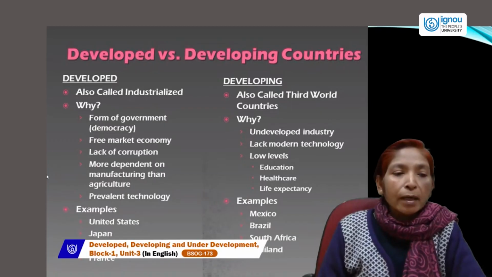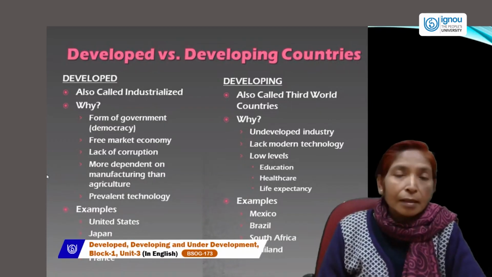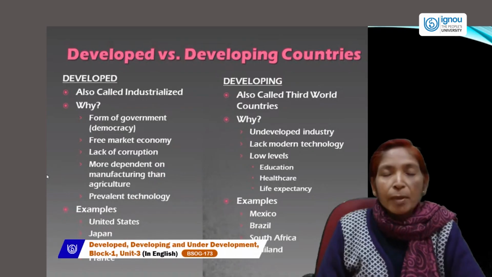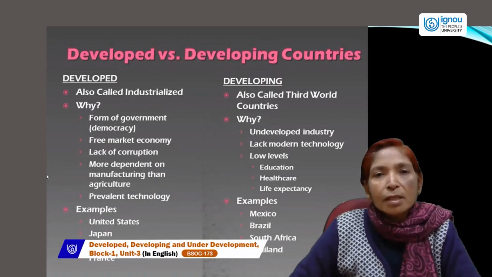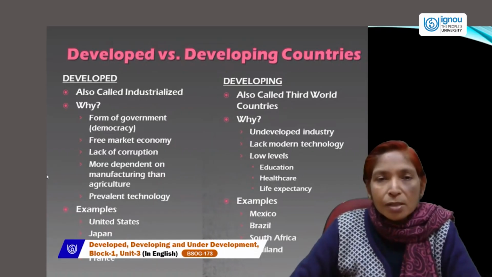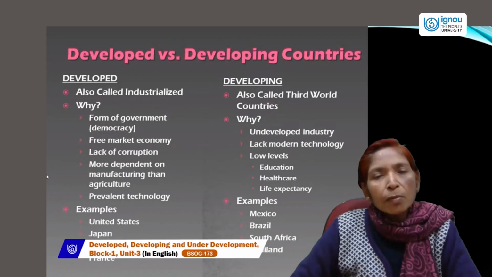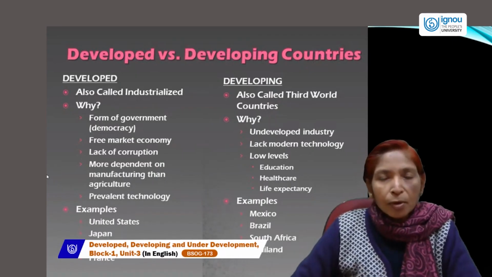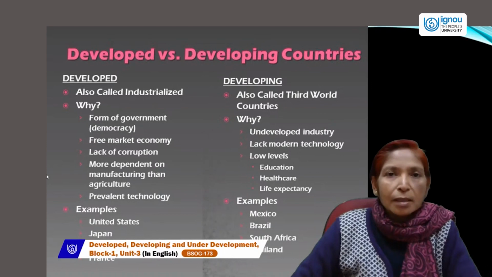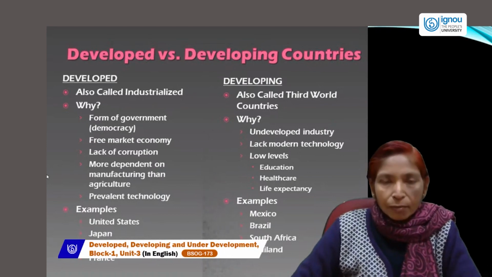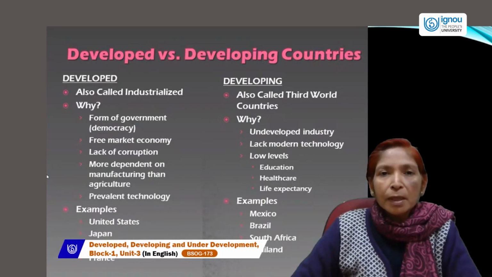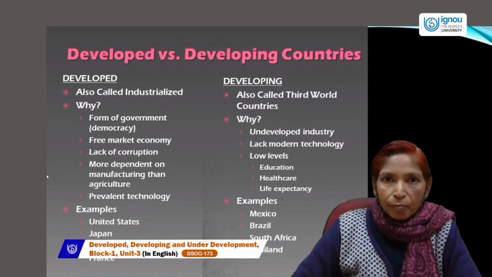And they are more dependent on manufacturing rather than agriculture. They are producing more goods and services by using advanced technologies, and they are giving more focus on industrial and manufacturing products rather than agriculture. For example, in the USA, only 1% of the country's people are engaged in agricultural activities.